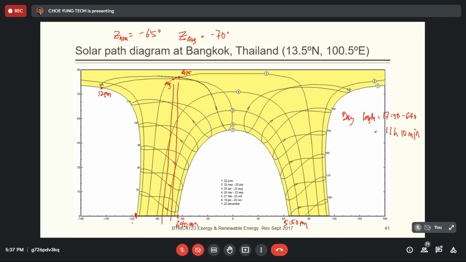So 6:10 a.m. maybe. Okay, and then sunset is on the other side. Sunset maybe 18:50 or 40. We can just guess, agak-agak. We just know that between 18 and 19, it is 6 p.m. or 7 p.m.